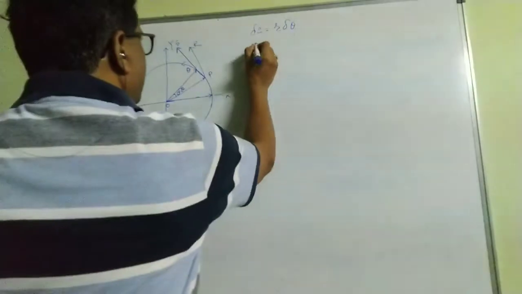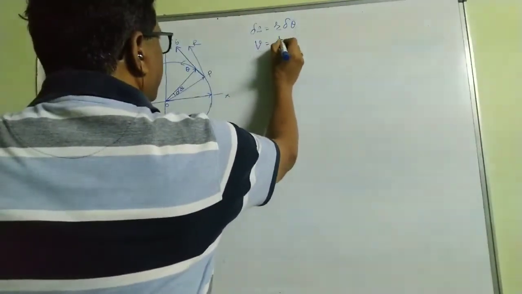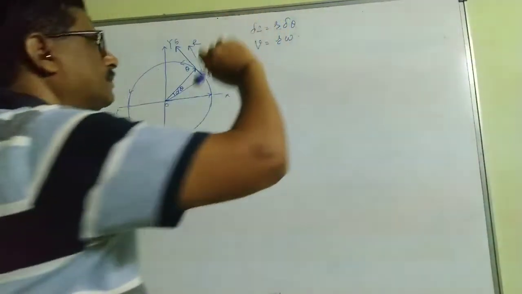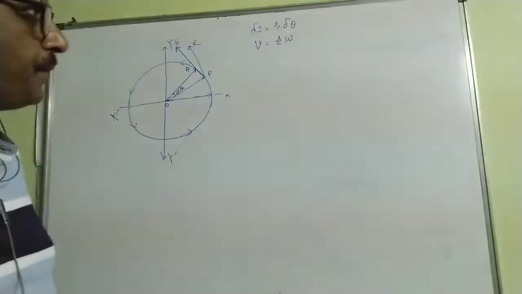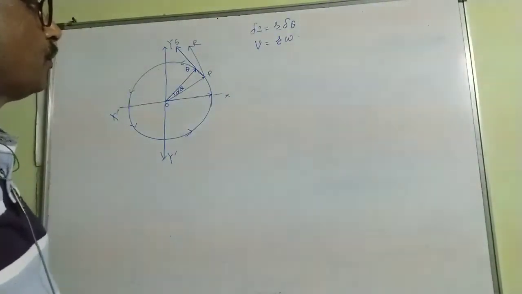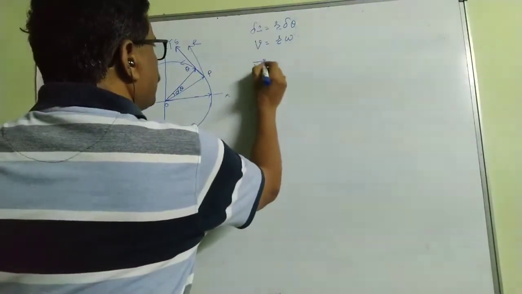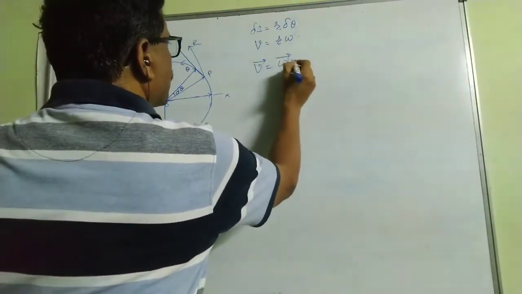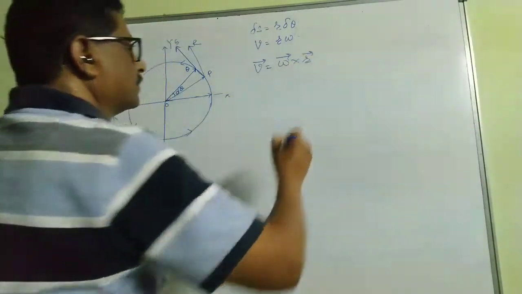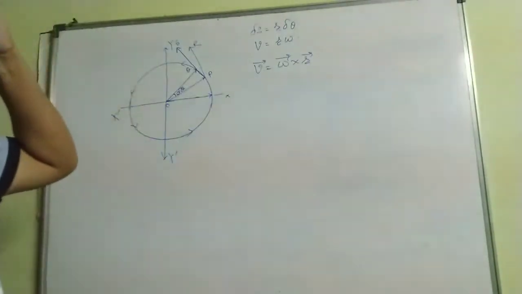It has linear tangential velocity v, and it has angular velocity omega. Now, vector v is equal to vector omega cross vector r. We will concentrate on this equation.